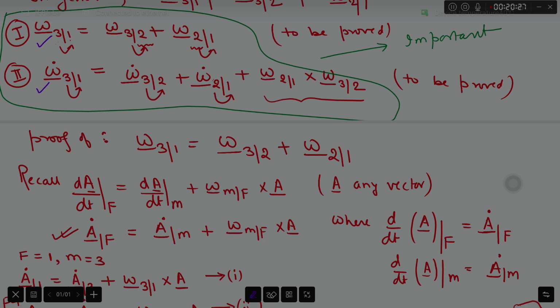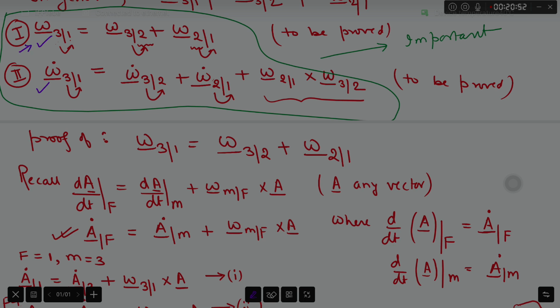The first relationship is about the three angular velocities in context. It turns out that the three angular velocities, 3 with respect to 1, 3 with respect to 2 and 2 with respect to 1 are not independent after all. They are related to each other, and that relationship is given in this equation.